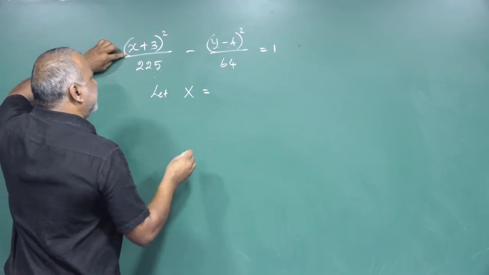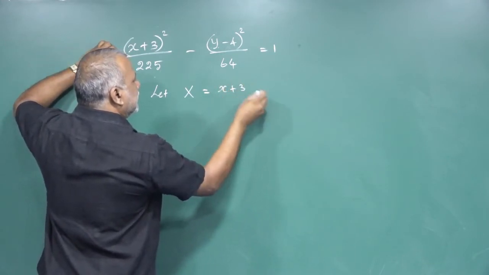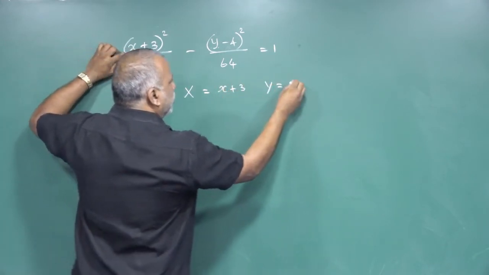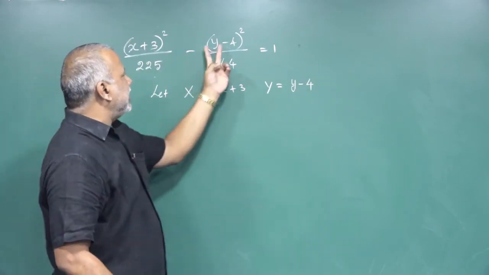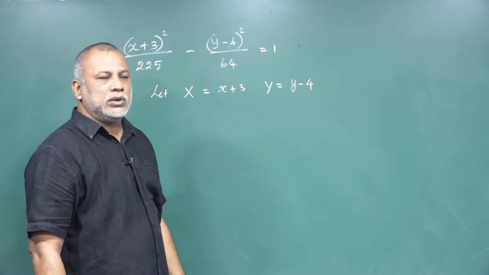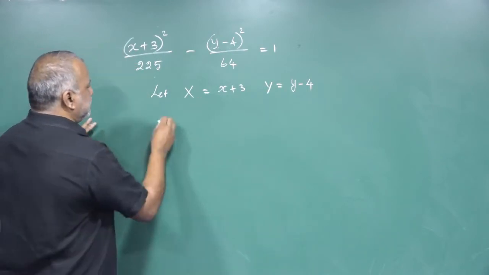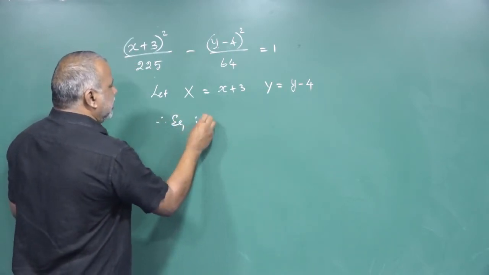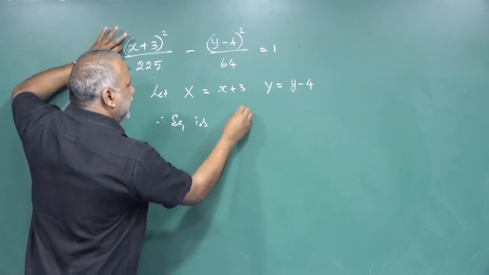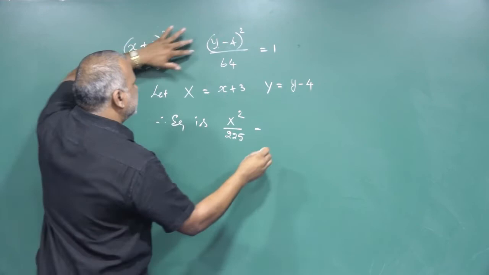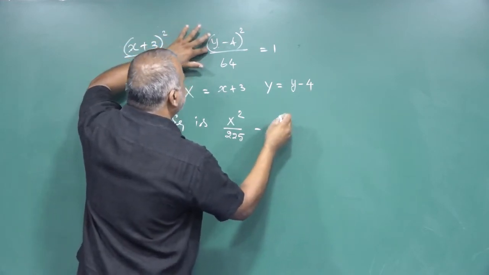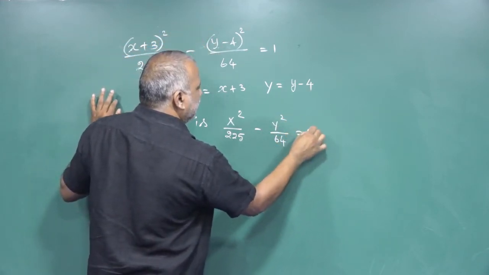Let us consider capital X equal to x plus 3 and capital Y equal to y minus 4. Now the equation of the hyperbola becomes X squared divided by 225 minus Y squared divided by 64 equal to 1.